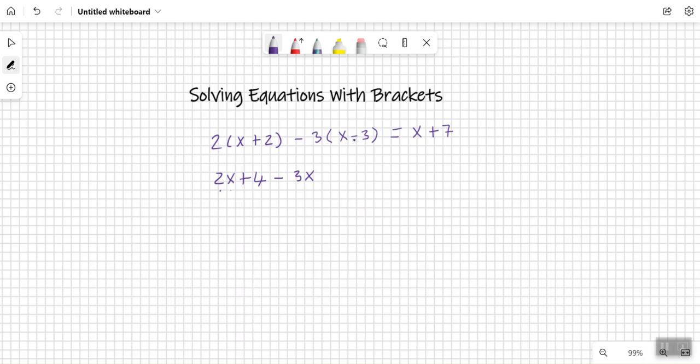And then minus 3 multiplied by minus 3, and these are both negative integers, so like signs give plus. A negative multiplied by a negative gives me plus 9, is equal to x plus 7.